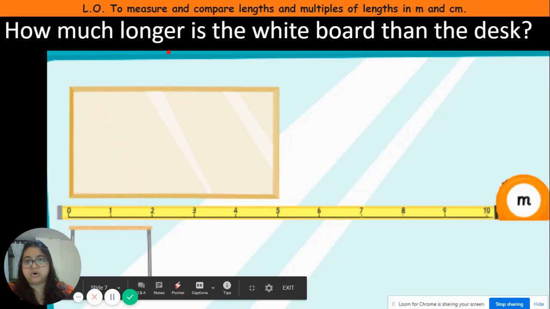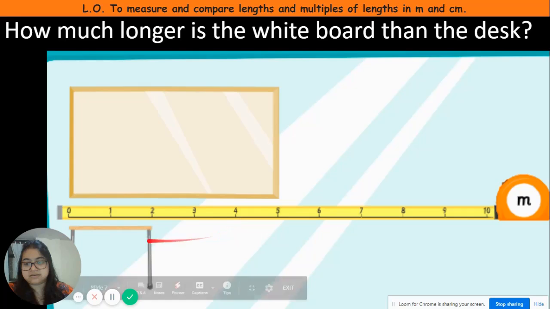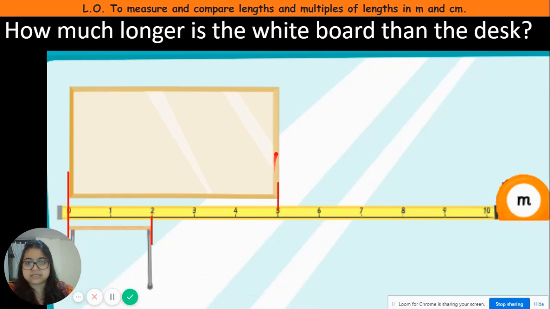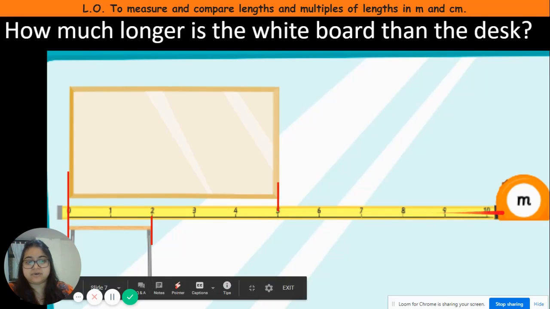How much longer is the whiteboard than the desk? Let's mark the 0 point first. Then we will see the length of this table. It is 2 meters. What about this board? It is 5 meters.